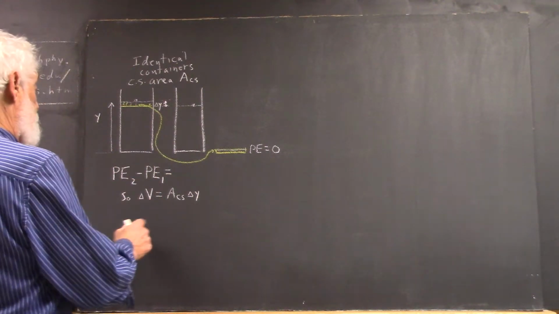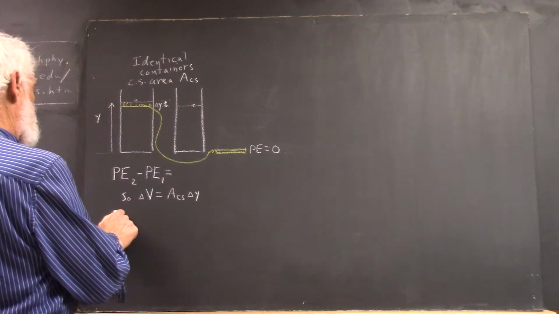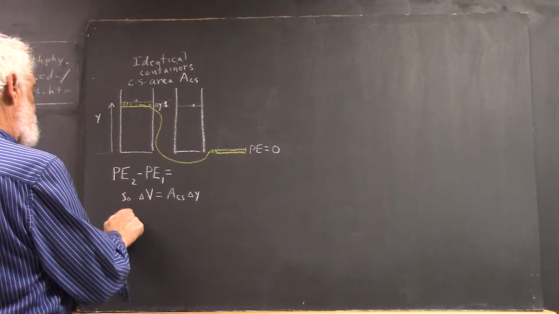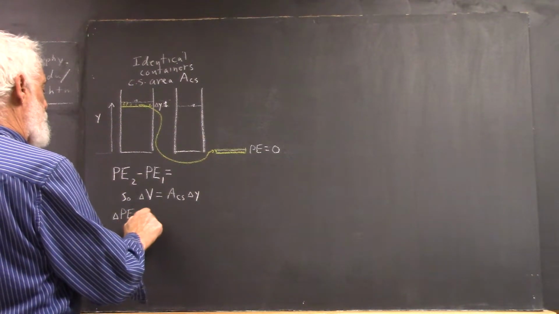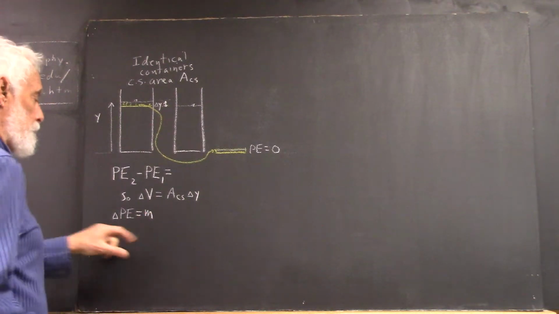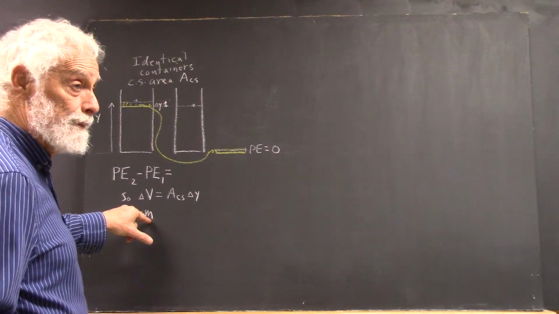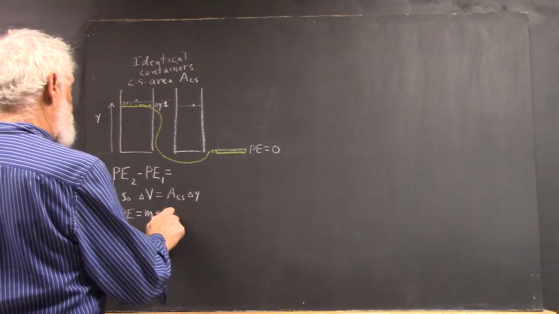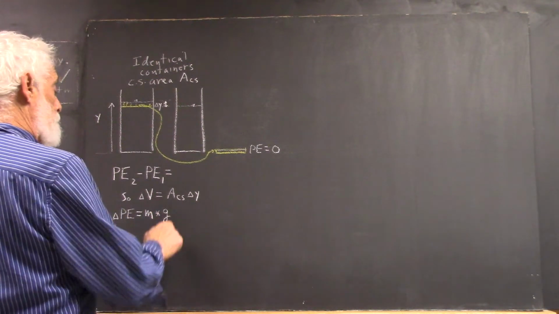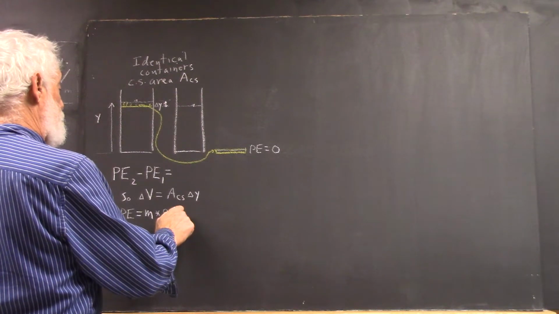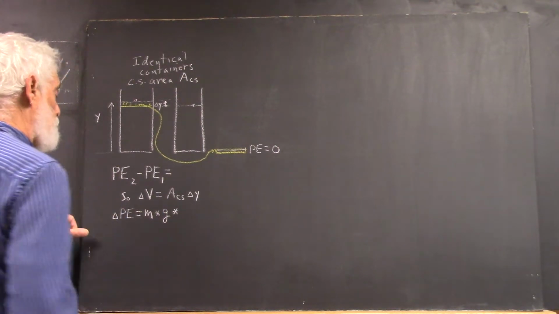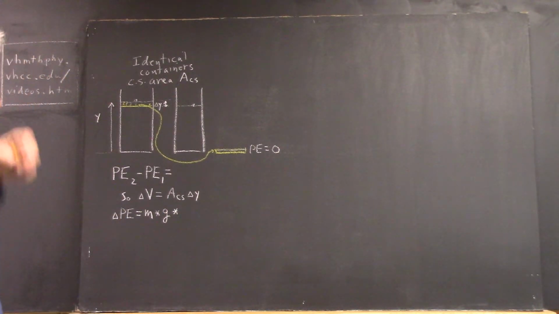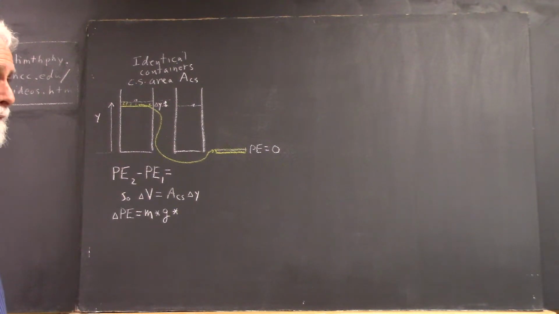Okay, so delta PE is the mass times g times what? Distance or displacement. What would that be?